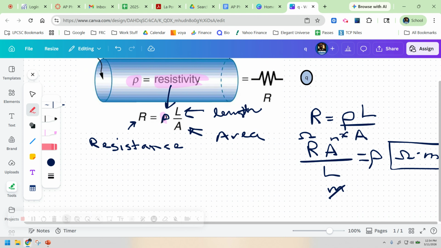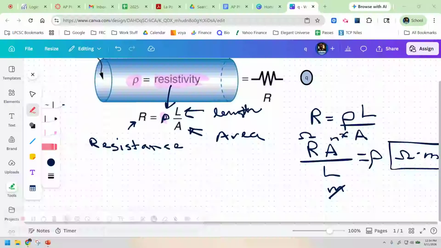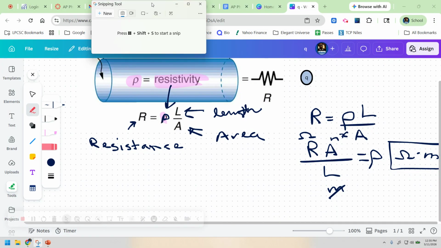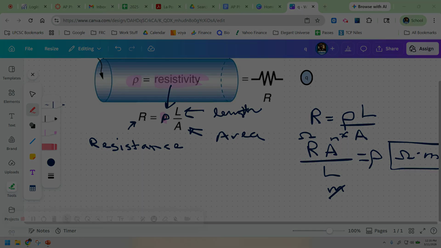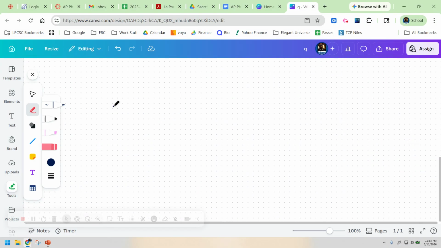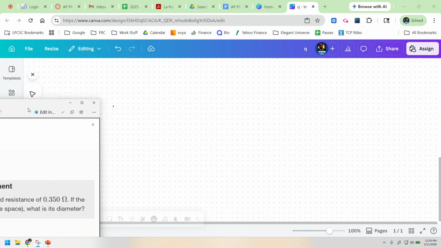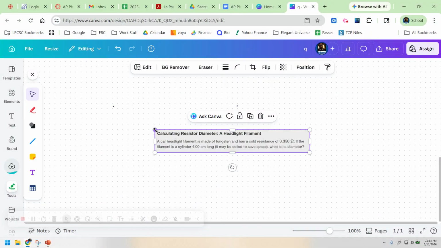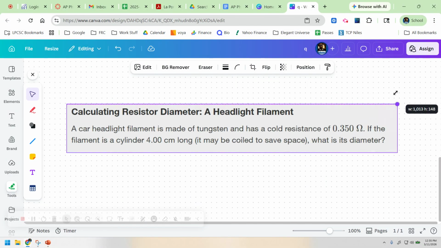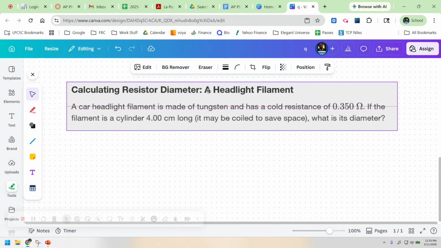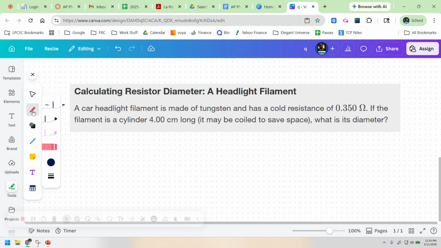Well, how does that work in the real world? Okay, so let's do an example problem of that. Calculating resistor diameter.